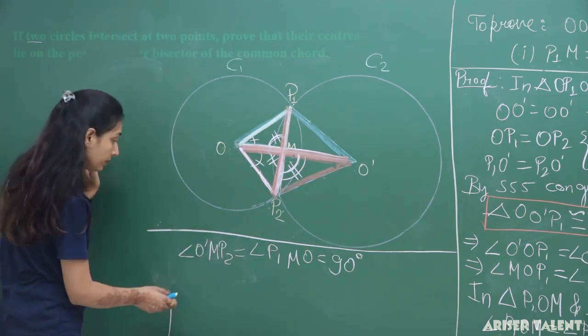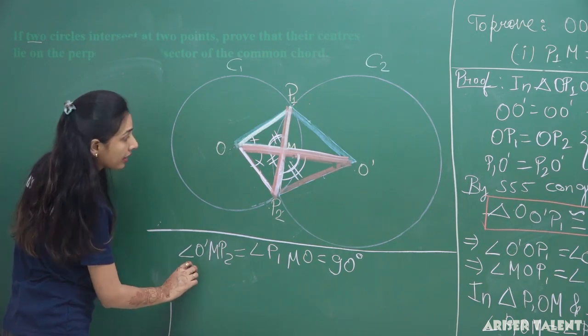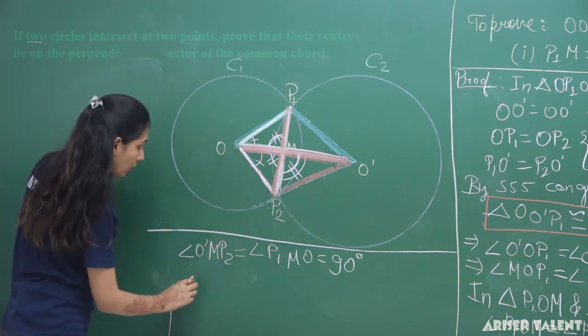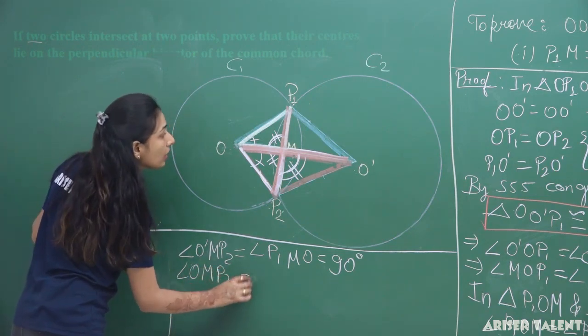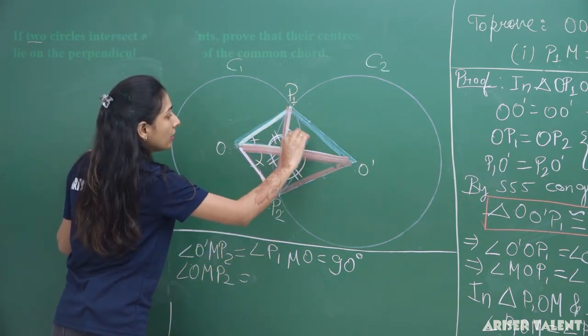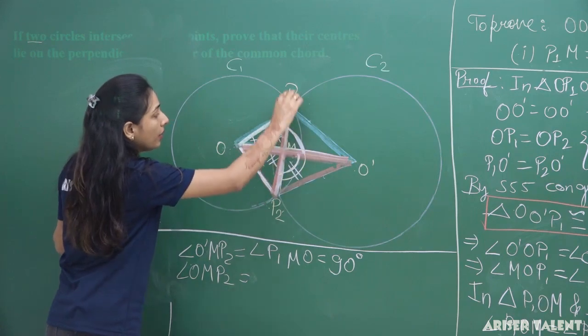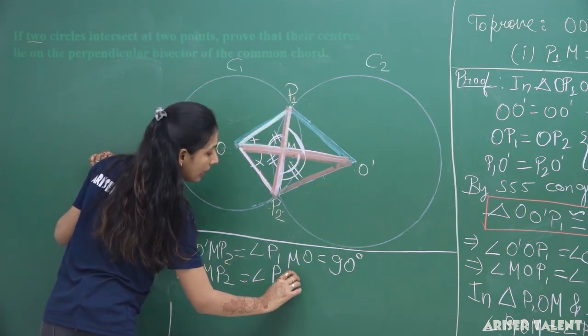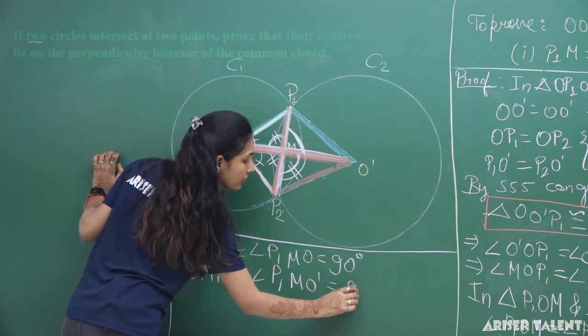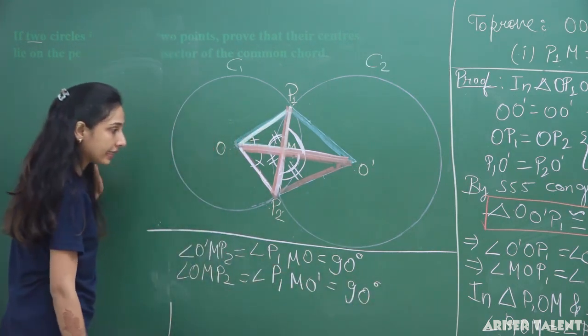Okay. Now again this triangle OMP2 equals to this angle P1MO dash. So angle P1MO dash is equal to 90 degree again.